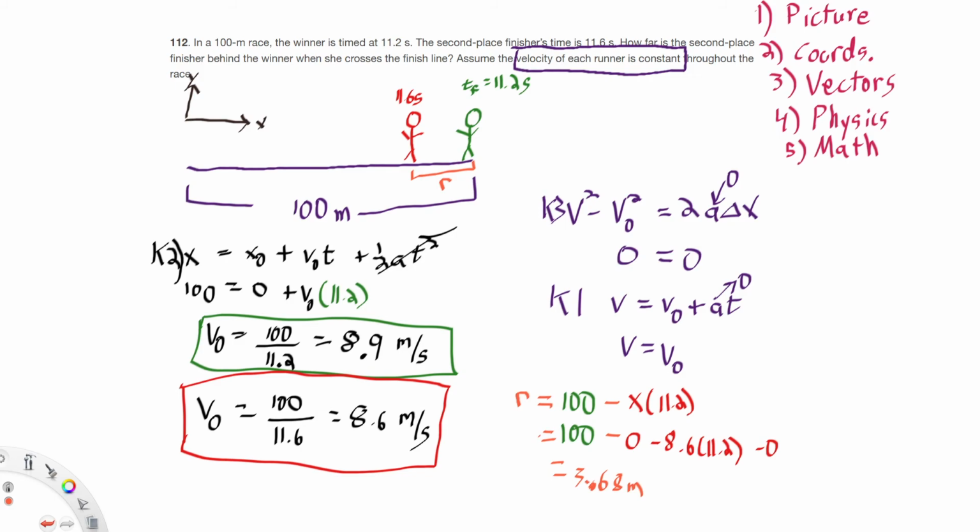Probably something simpler than this, but similar to it, will be on the quiz for Wednesday. And to get full marks, you're going to need to show me each of these 5 steps: that you draw a picture, you have your coordinates, you broke down your vectors, you chose a piece of physics, and you did the math.